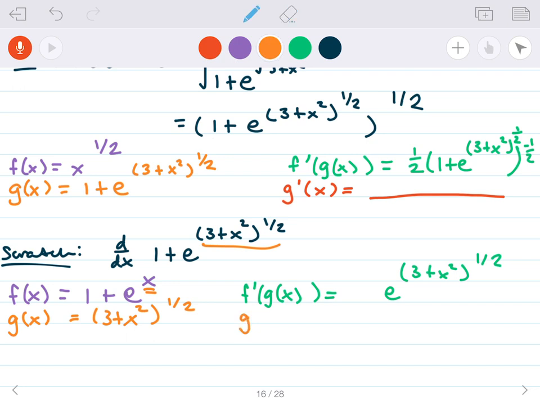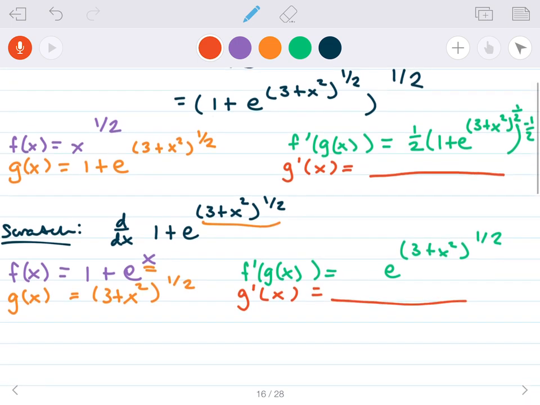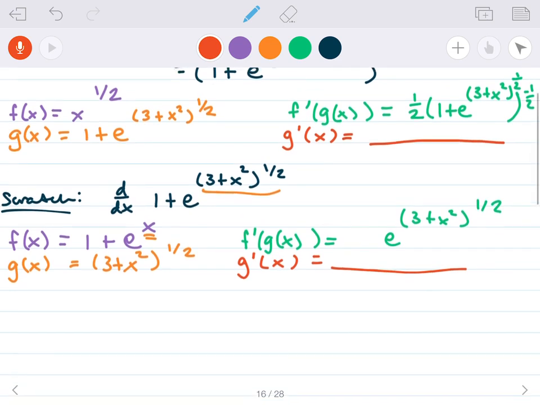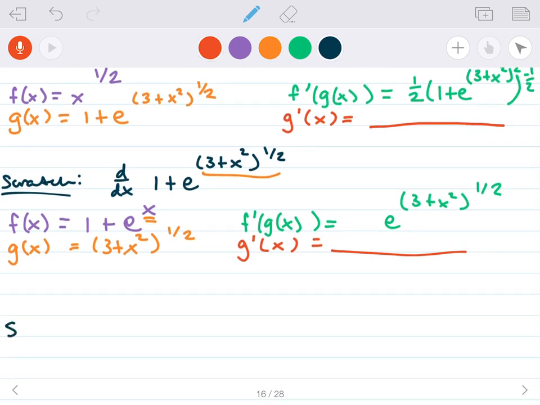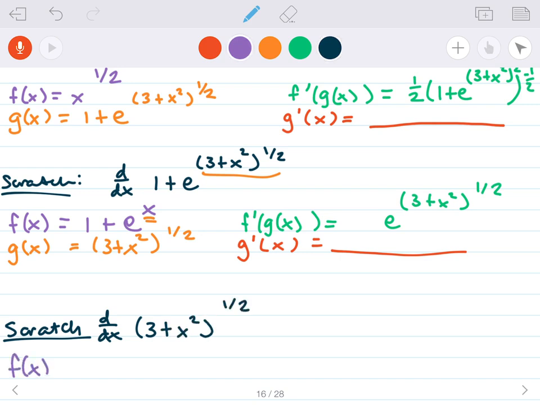Now, g prime of x, let's do this in red. Well, I have to use a chain rule again, right? Because how do I take the derivative of 3 plus x squared to the 1/2? That's a composite function. So I need to do scratch work again. This time, my outer function is something to the 1/2.